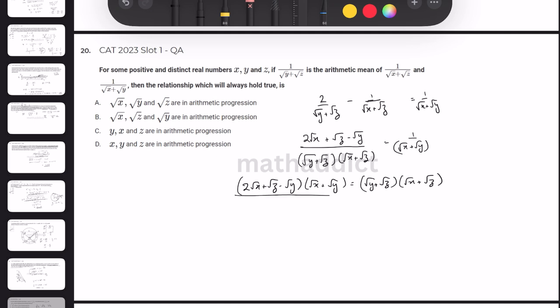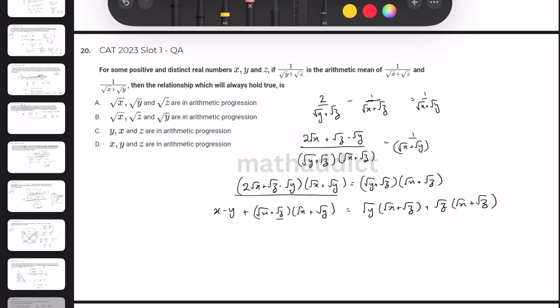So this thing becomes root x minus root y into root x plus root y is x minus y, plus root x plus root z into root x plus root y equals root y into root x plus root z plus root z into root x plus root z.